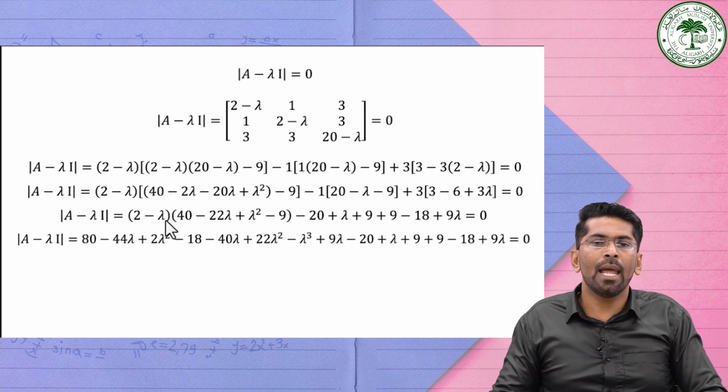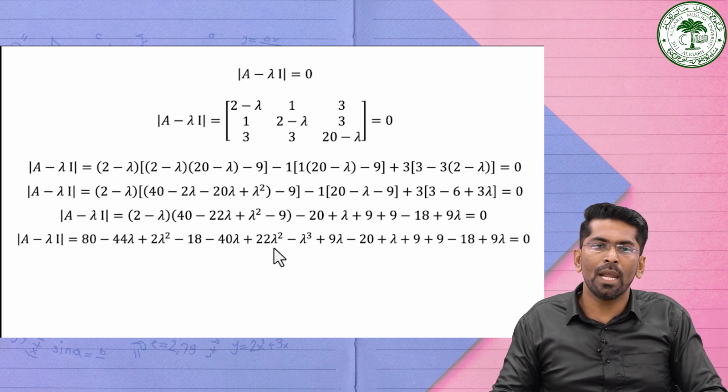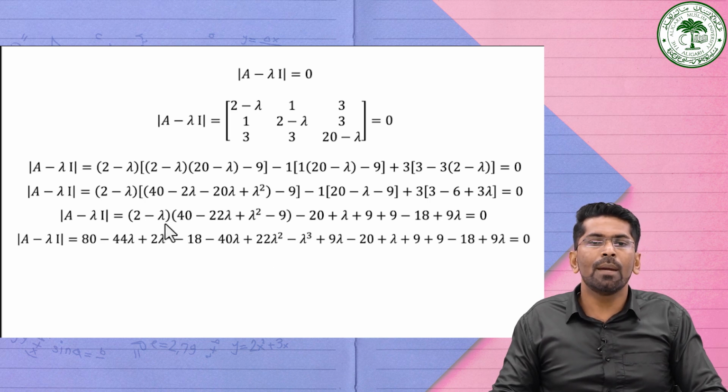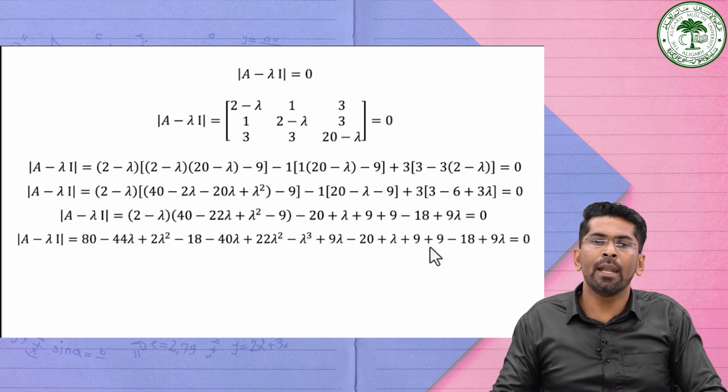Then minus lambda into 40, that is minus 40 lambda, then minus lambda into minus 22 lambda, which is plus 22 lambda square, then minus lambda into plus lambda square, which becomes minus lambda cube. Then we have minus 20, here 9 lambda and plus 9 lambda, so it becomes minus 20 plus lambda plus 9 minus 18 plus 9 lambda.